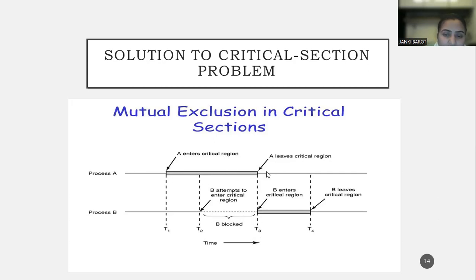As soon as it is completed, A will leave the critical region, and at that time process B will enter the critical region. After completion of process B, it will also leave the critical region so that it can be occupied by another process also.